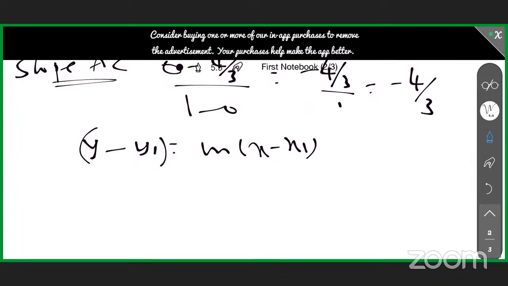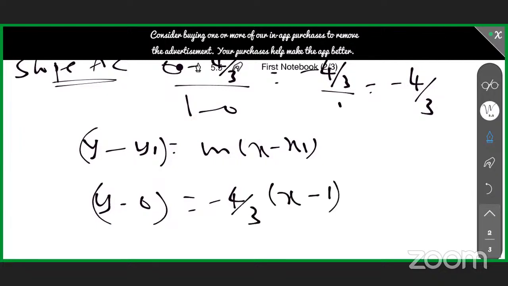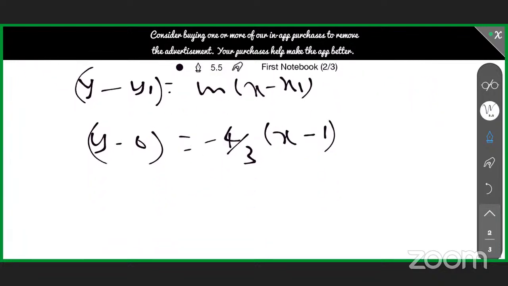With y1 value 0, this gives minus 4/3 into x minus 1, that is 4x plus 3y minus 4 is equal to 0. So I found the three equations, the slopes of the three lines.